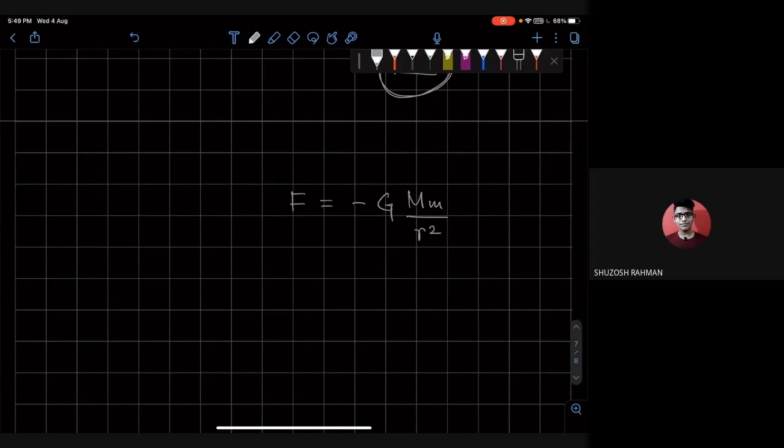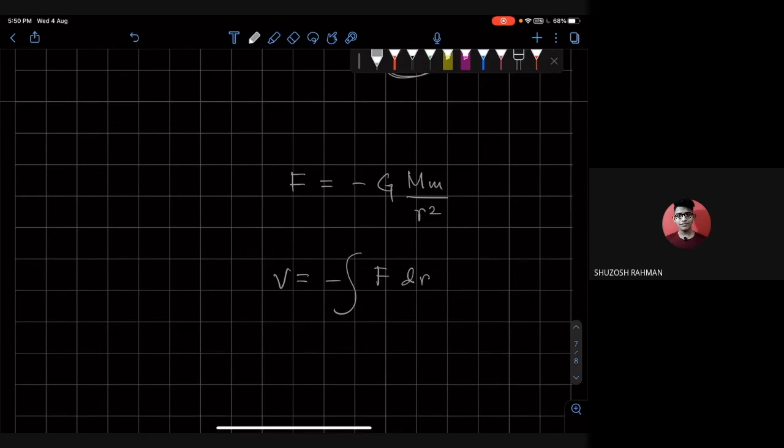And then the potential energy is going to be minus the integral of F dx, right? Say we are bringing the object in from infinity, but we are bringing it in the radial direction, suppose. And so r goes from, say, the radius of the moon to infinity, right?